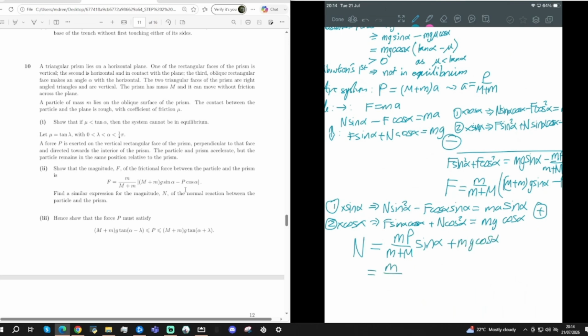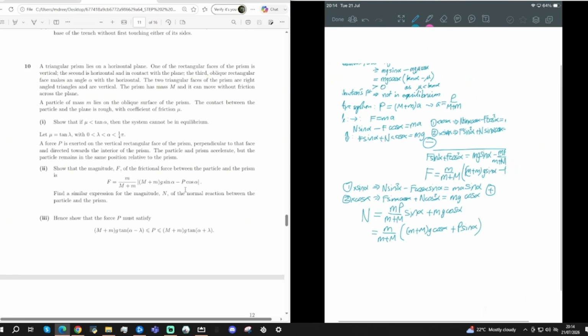And just because this is what the question did on the other one, I'm going to do the same: M plus m, g cos plus P sine. So I've now got n and f in very similar looking forms, very symmetric actually, in the way that they're written.